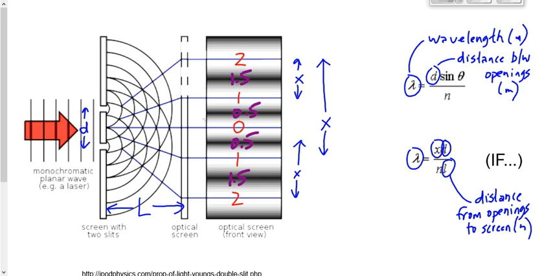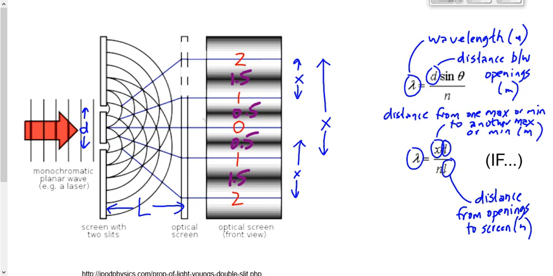X can be basically whatever you want, the distance from one max or min to another max or min. That's going to be measured in meters as well.